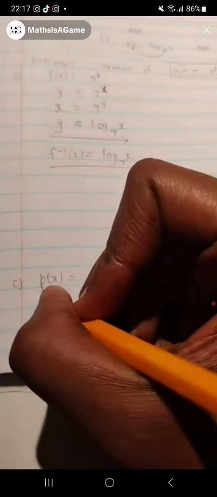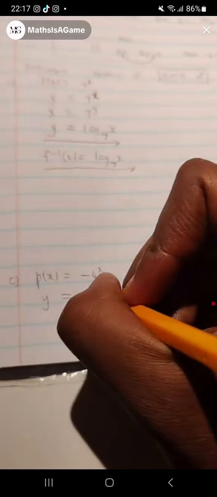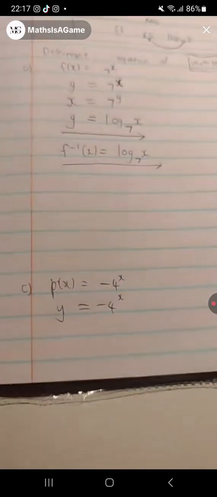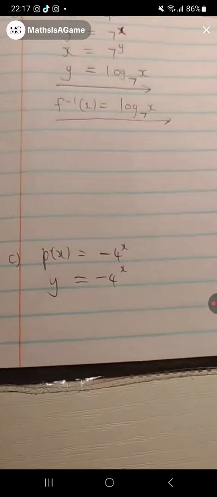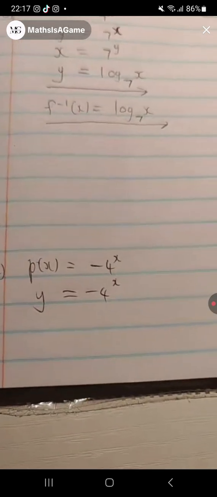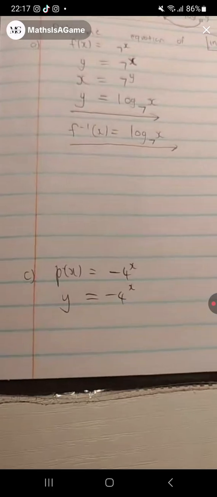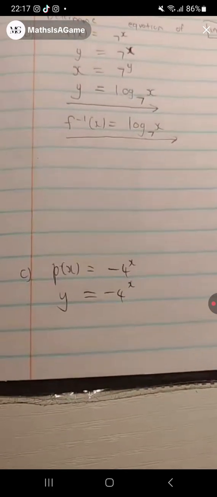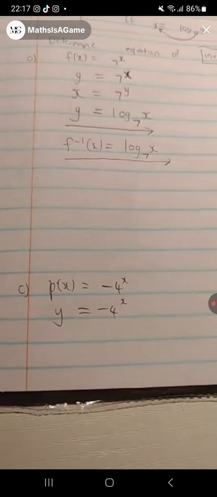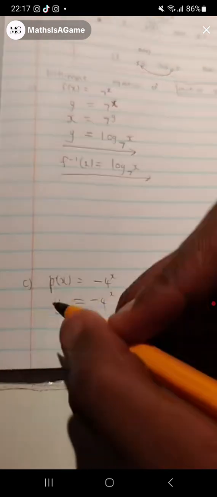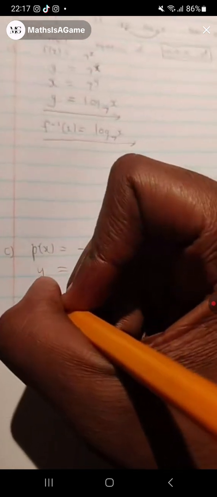P of x, obviously, y is equal to negative 4 to the power x. Step number 1. Step number 2, play the hair game. Brazilian weave for South African hair: x is equal to negative 4 to the power y.